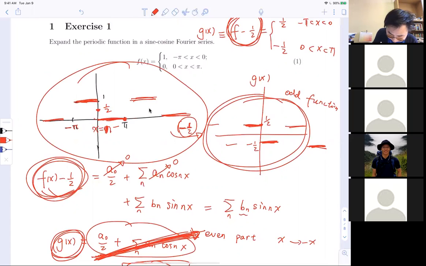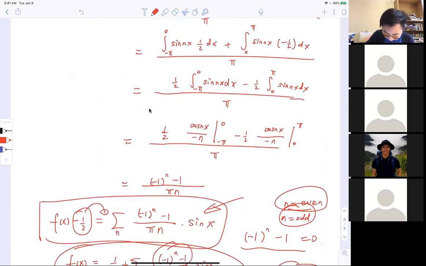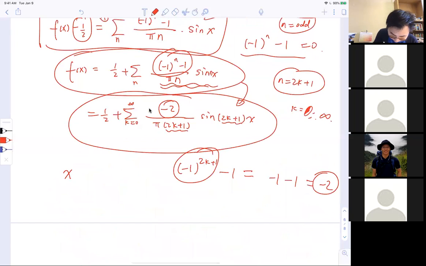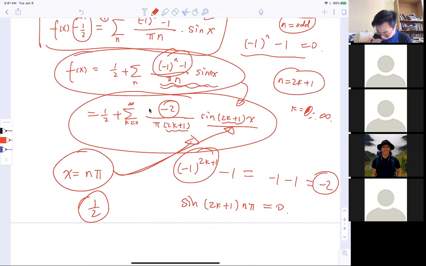So if you plug x equal to n pi into our expansion, you will find the result is indeed 1/2, because sine of (2k plus 1) n pi is always 0.